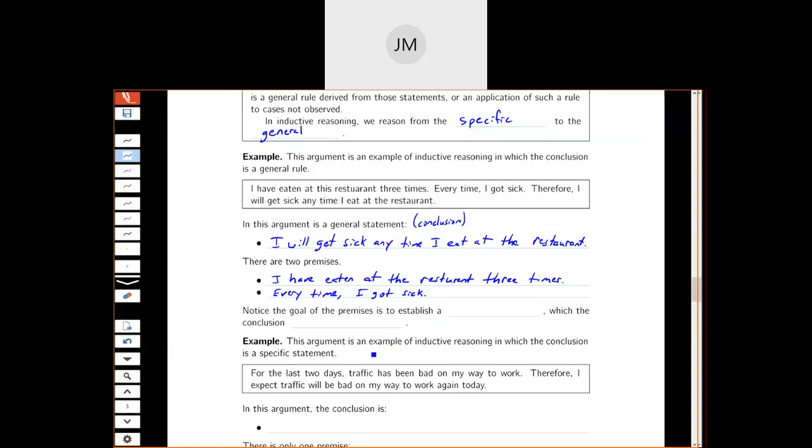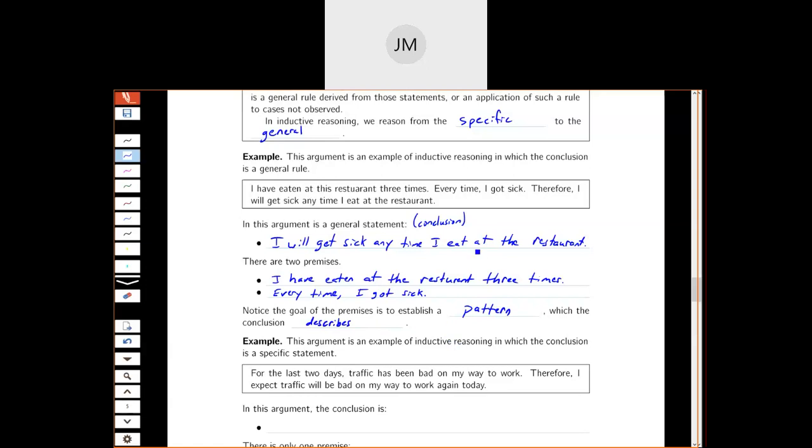So the goal of the premises here, when I say I've eaten there 3 times and every time I got sick, is to establish a pattern. And the conclusion describes that pattern. So we're trying to establish a pattern which the conclusion describes.